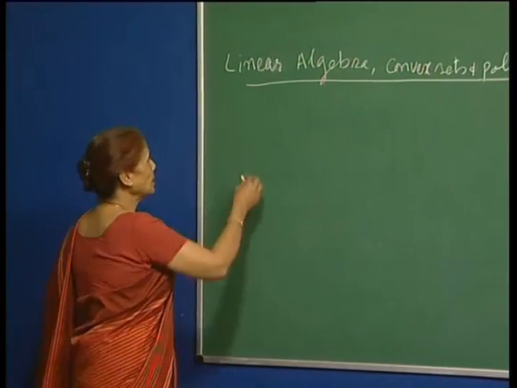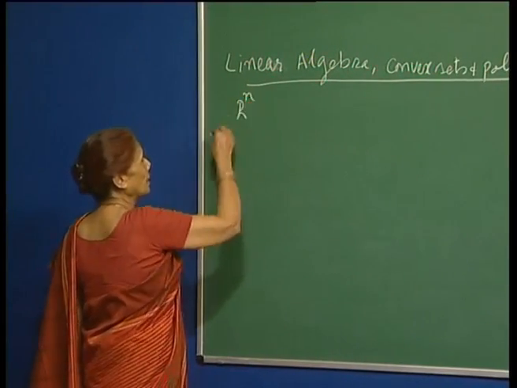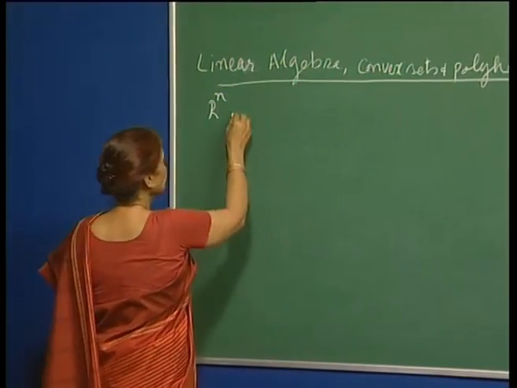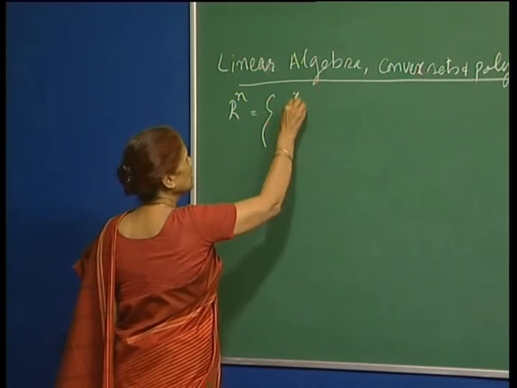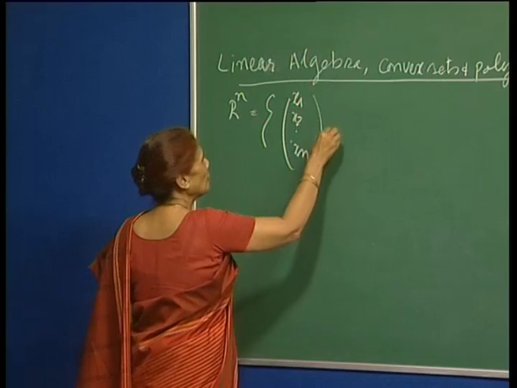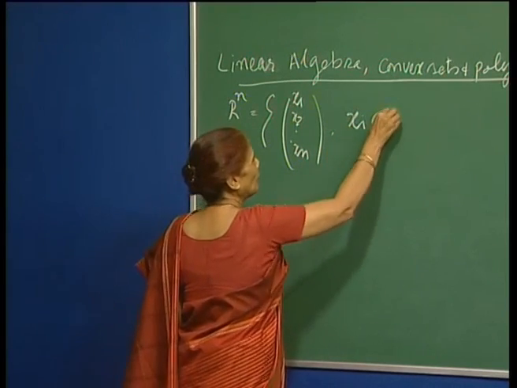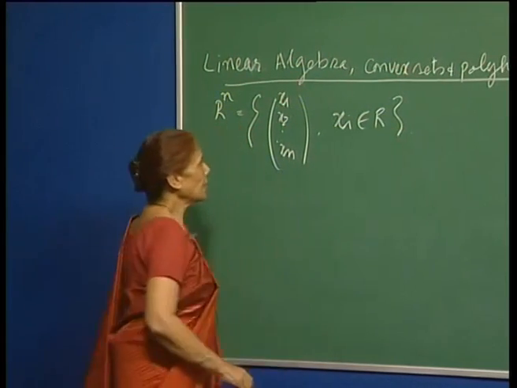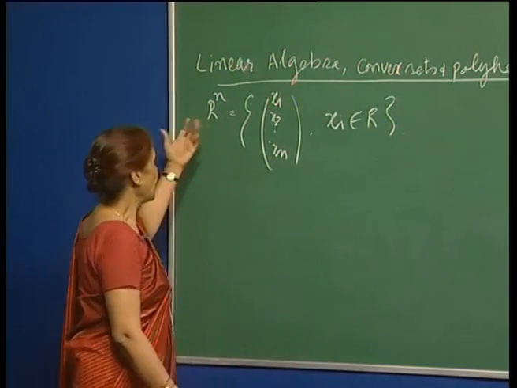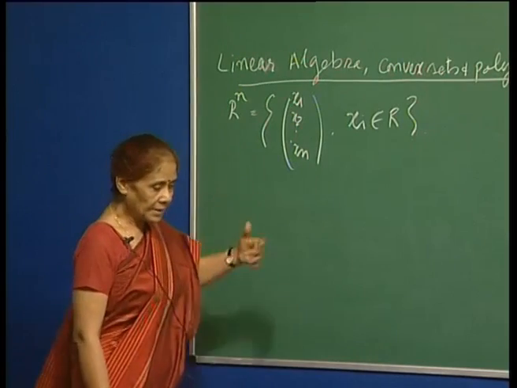So, I begin with this symbol, Rn, which we all understand. This is the collection of all n tuples x1, x2, ..., xn, where the xi's are all real numbers. Let us give this collection some structure.